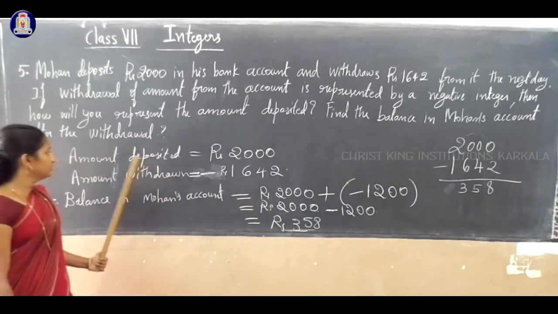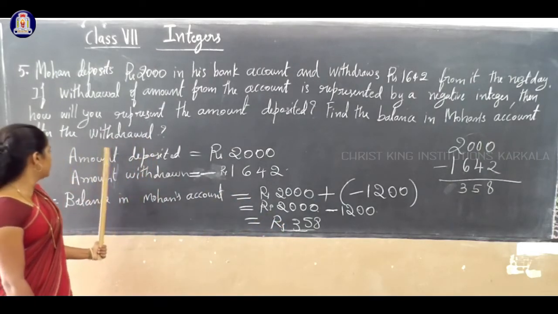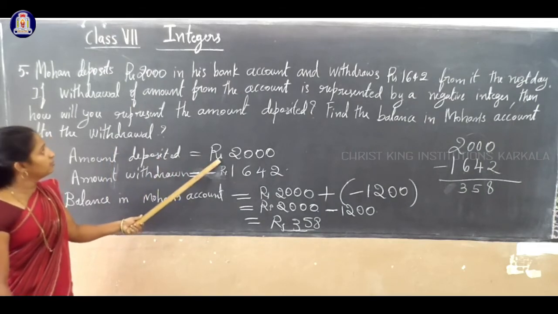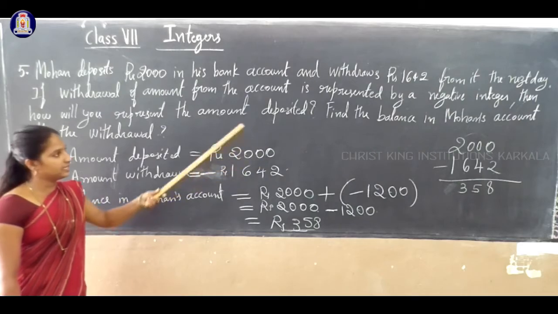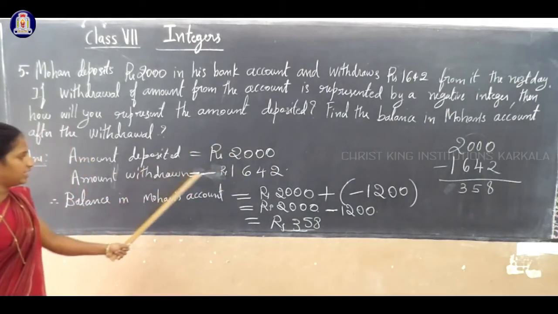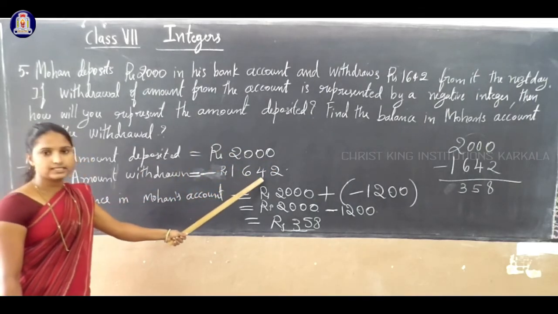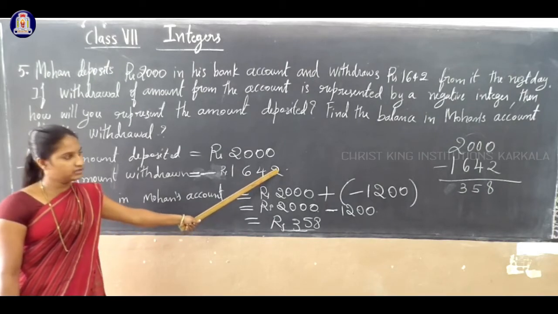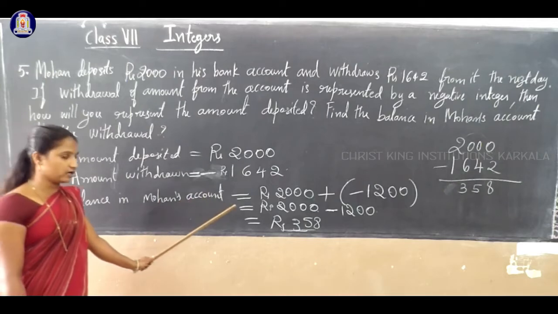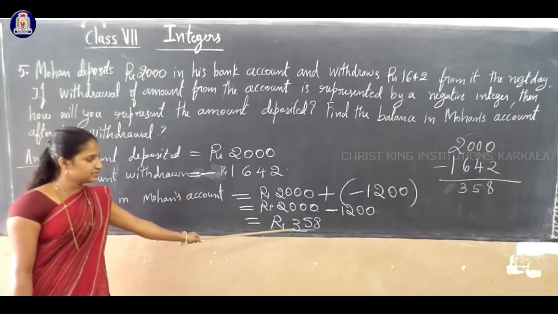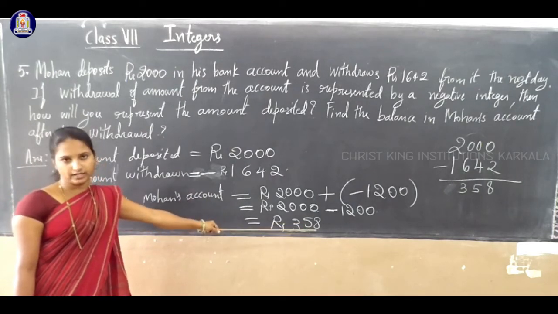First you write the amount deposited in Mohan's bank, that is rupees 2000. Then in the next day, what happens? You will withdraw money rupees 1642. Clear? Then what is the remaining amount? Means balance in Mohan's account is rupees 358. So this is the procedure.